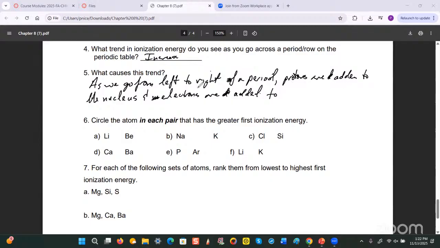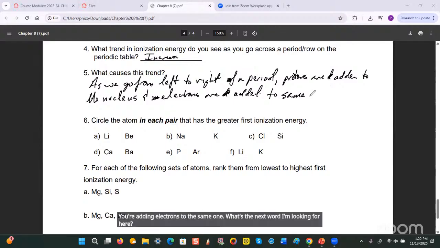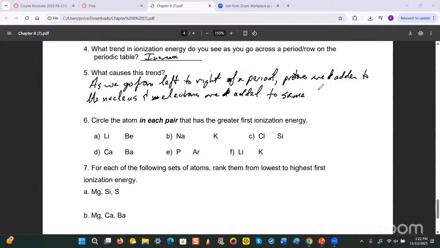You're adding protons to the nucleus, that is true, and you're adding electrons to the same what? What's the next word I'm looking for here? You're adding electrons to the same valence shell. Exactly, the same valence shell.